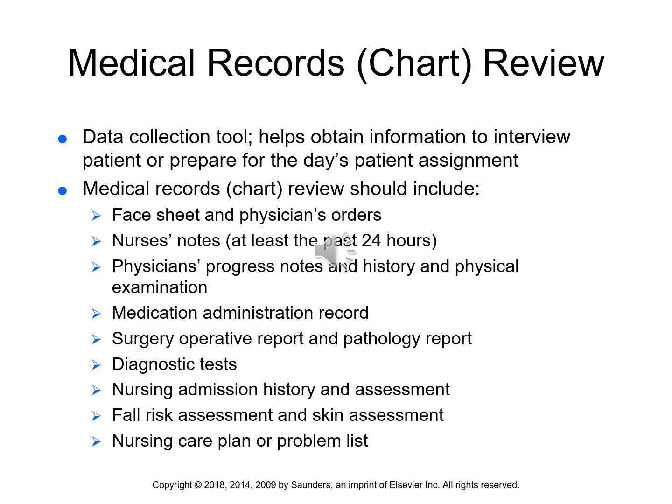We can get a lot of information from our medical record. That's where our face sheet is, our physician's orders, any nurse's notes, any other discipline's notes, the physician's notes, therapy notes, dietitian notes, all those other people's notes, your medication administration record, your treatment administration record, any history of surgeries, any other medical history, any diagnostic tests they might have had or results, lab results, what was their admission assessment and concurrent assessments, are they a fall risk, what's their plan of care.